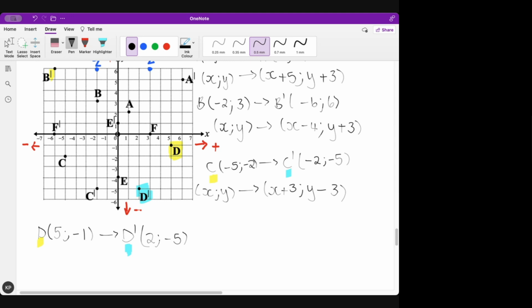Let's come back to the party. Okay, let's talk about our translation. X, did it move left or right? And is that a plus or minus? Actually, don't answer left or right. Is that a positive or a negative for X?